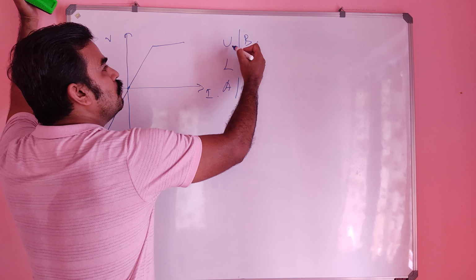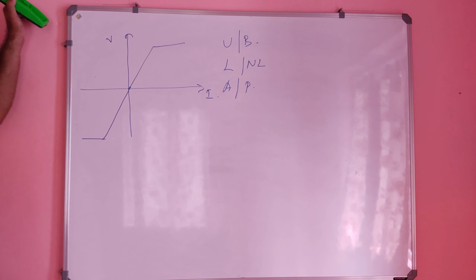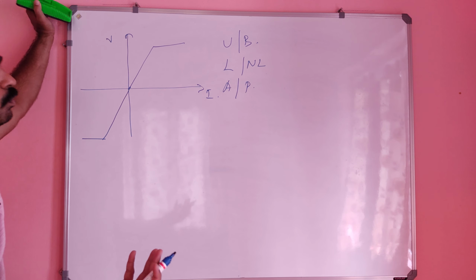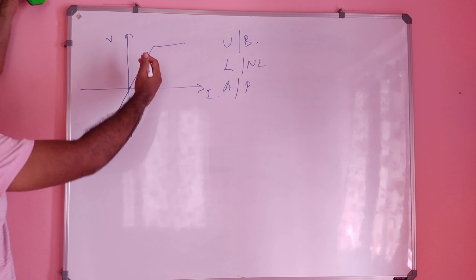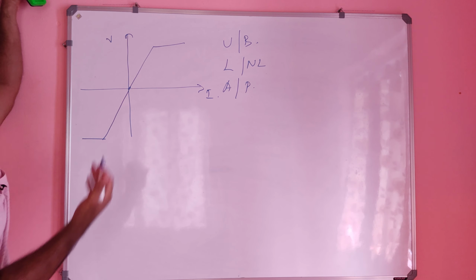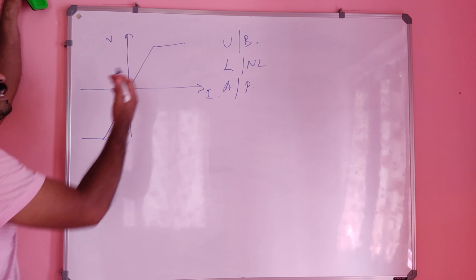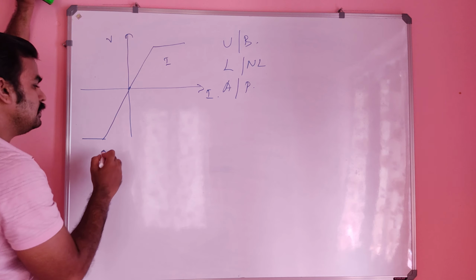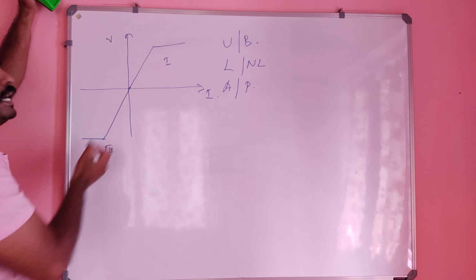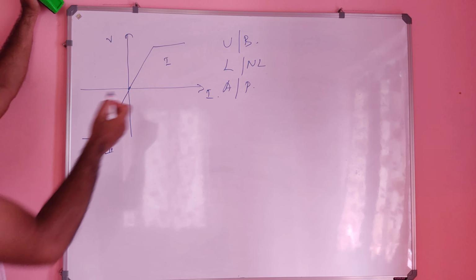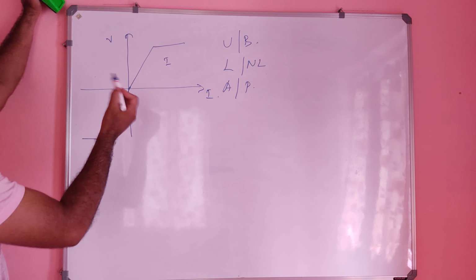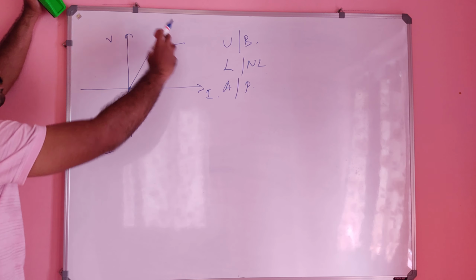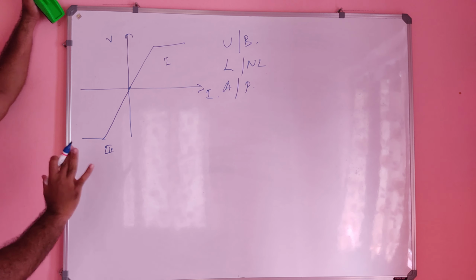First of all, unilateral or bilateral. What was the trick to find whether it is unilateral or bilateral? For a bilateral circuit, what I said is, in the opposite quadrant the graphs look similar, then only we can say that it is bilateral. This is the first quadrant and this is the third quadrant, and the graphs look exactly similar, right? In the first quadrant it is directly the mirror image of the third quadrant.